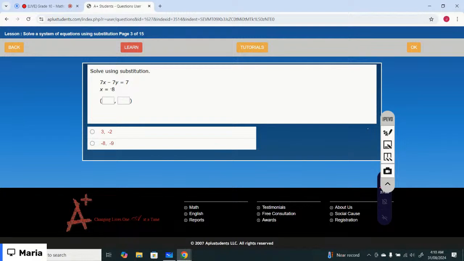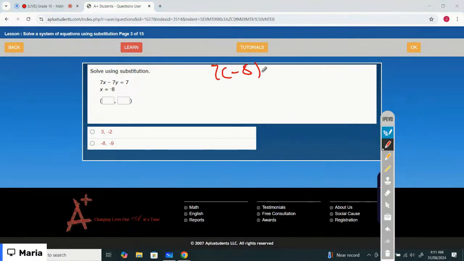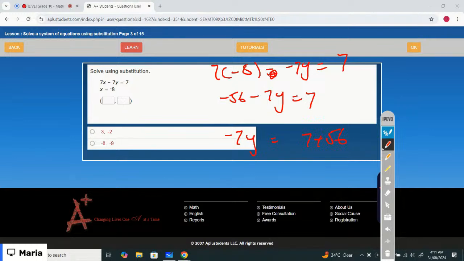Let's just replace x equals negative 8, right? That would be 7 times negative 8. Move 56 to the other side, so negative 7y equals 7 plus 56, right? Negative 7y equals 63. So y equals negative 9. So option number 2 is the correct option. Negative 8 and negative 9 are the solution of the equations. Got it?